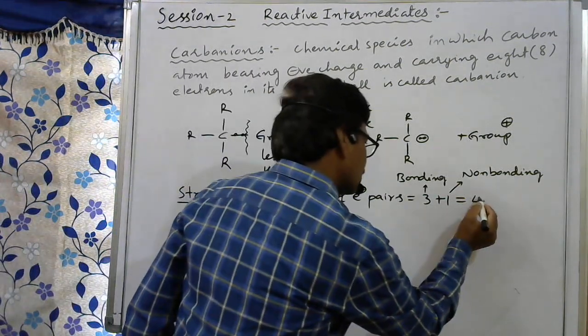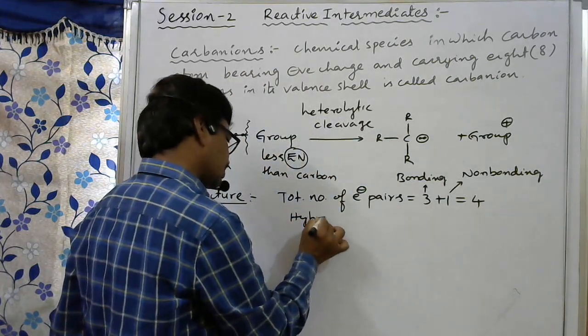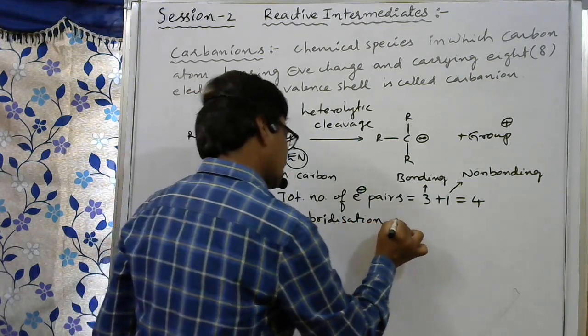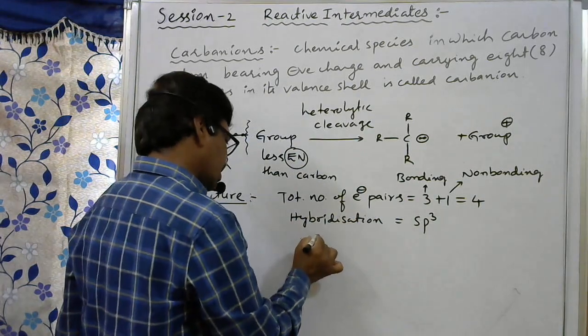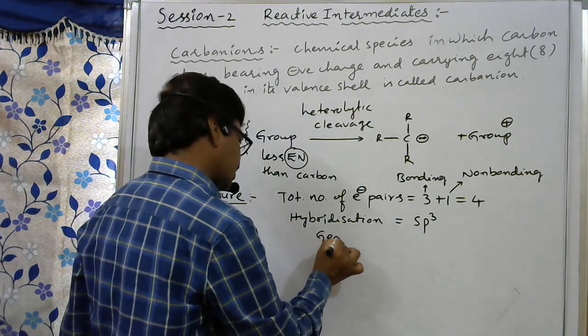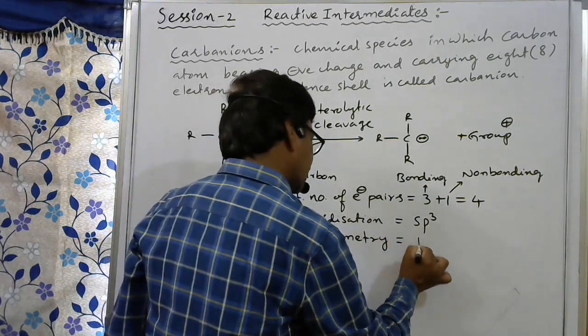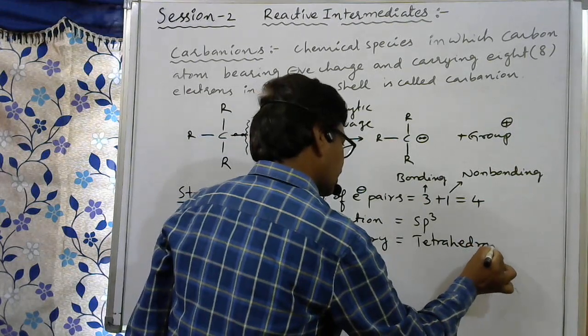If this value is 4, then the hybridization of that species is sp3. If hybridization is sp3, then the geometry is tetrahedral.